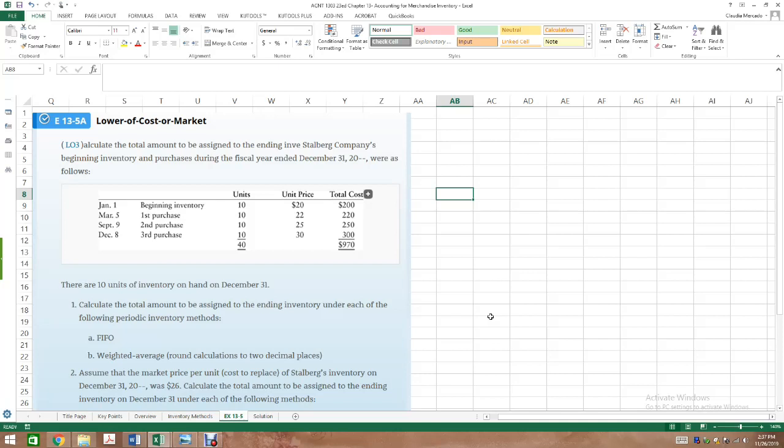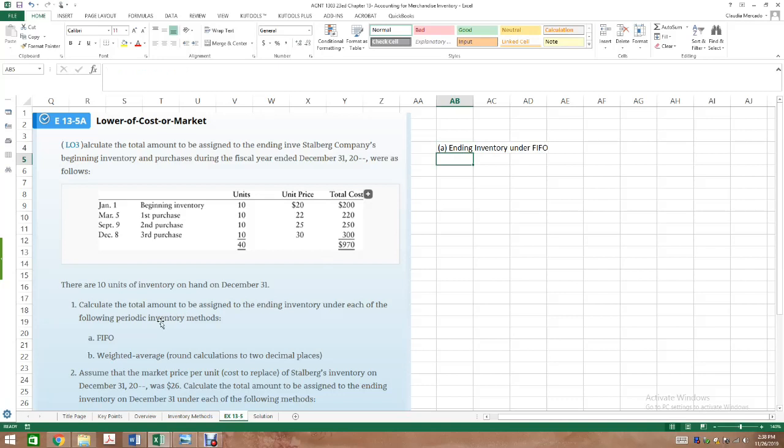So, first I'm going to do FIFO, letter A. Under letter A, they're asking us for the ending inventory under FIFO.